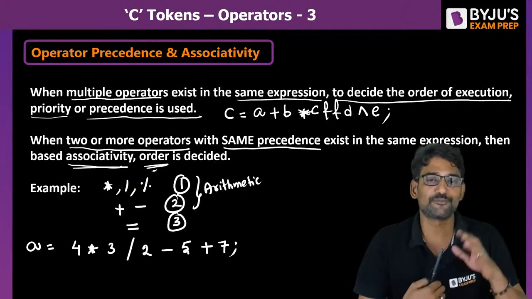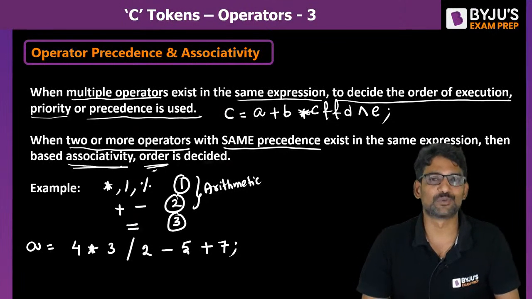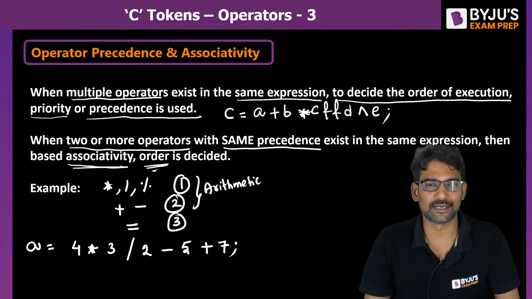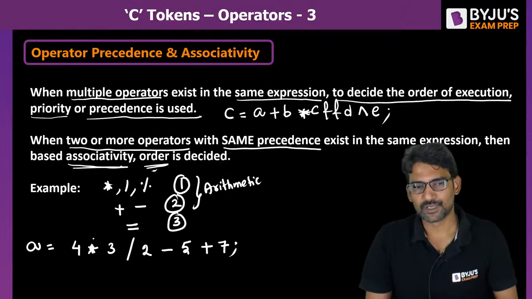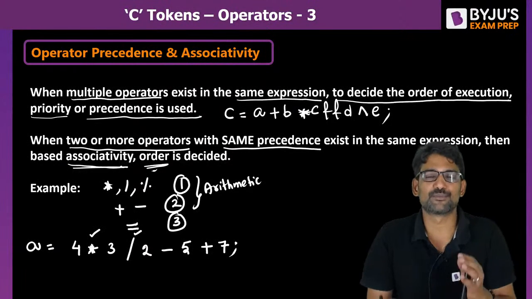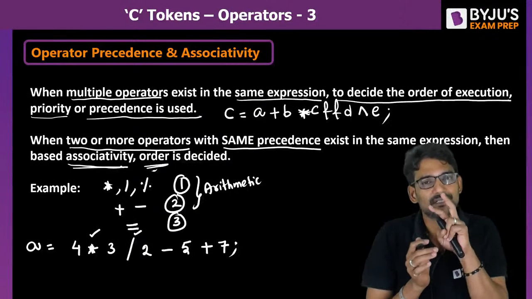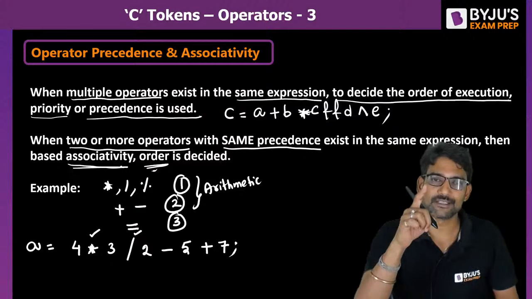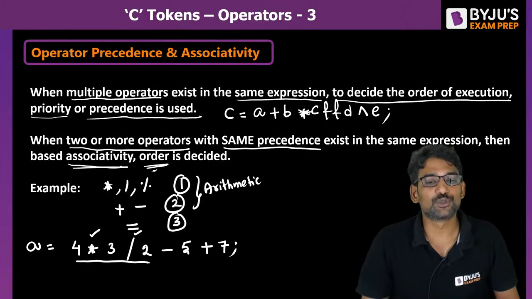Immediately you might think of the BODMAS rule, which we apply in mathematics. But the BODMAS rule will not always work in the C language or any programming language. Multiplication and division have more priority, but which one to evaluate first? BODMAS says do division first, but C language says go left to right.